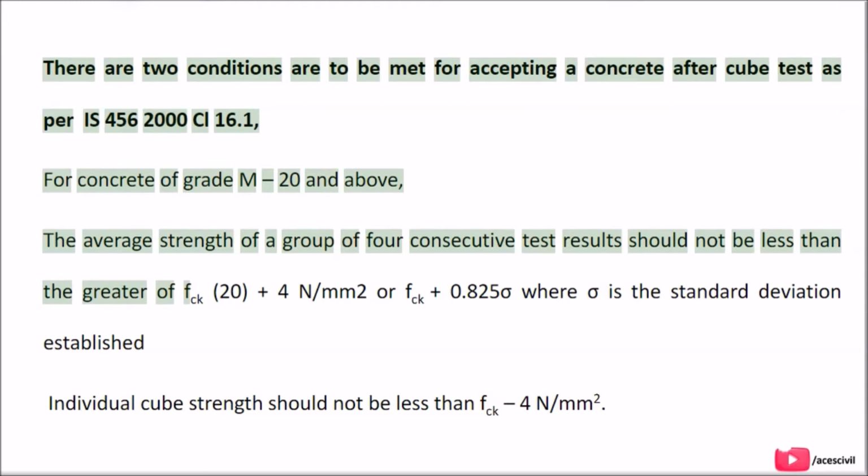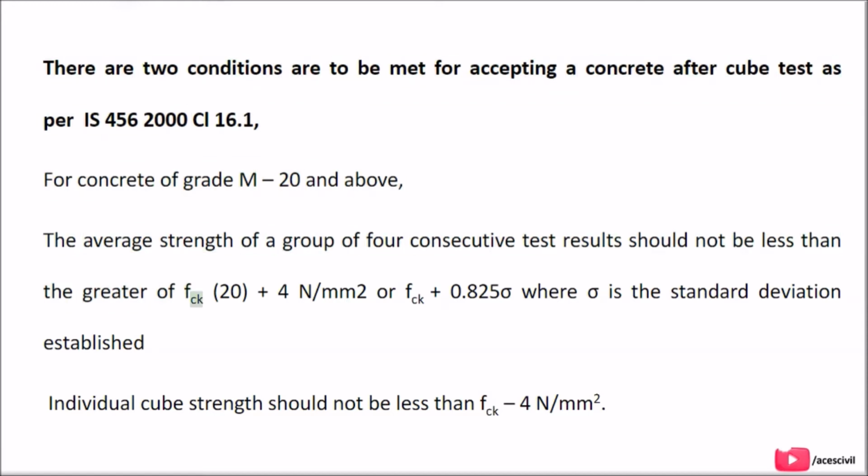For concrete of grade M20 and above, the average strength of a group of 4 consecutive test results should not be less than the greater of fck + 4 N/mm2 or fck + 0.825 S, where S is the standard deviation established.